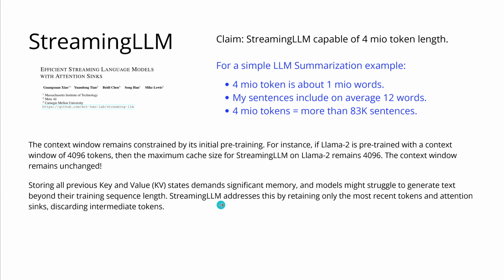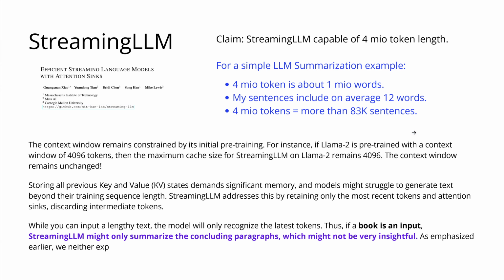So the streaming LLM addresses this by retaining only the most recent tokens and the attention sinks, disregarding the intermediate tokens. So if I have 4 million tokens, the last 4K tokens in a summarization task will be regarded, and I lose 3.996 million tokens.